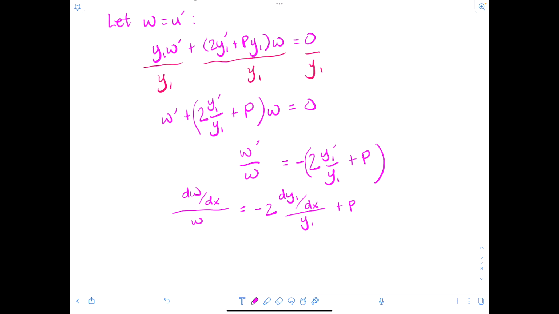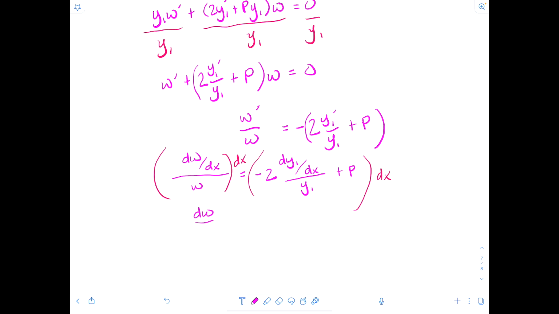Now if I multiply both sides by dx, because it is separable, on the left hand side I'll just get dw over w. On the right hand side I'm going to get negative 2 dy1 over y1, because that dx divides out, and then plus p dx. So it's distributing to both.